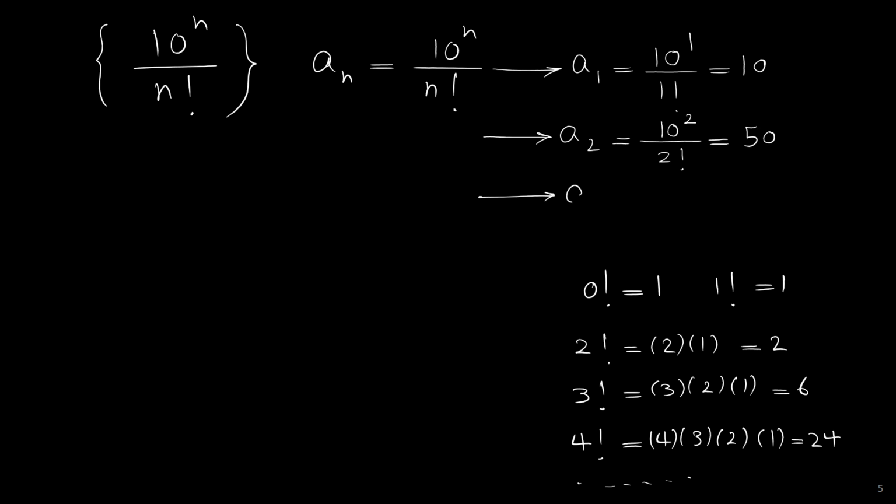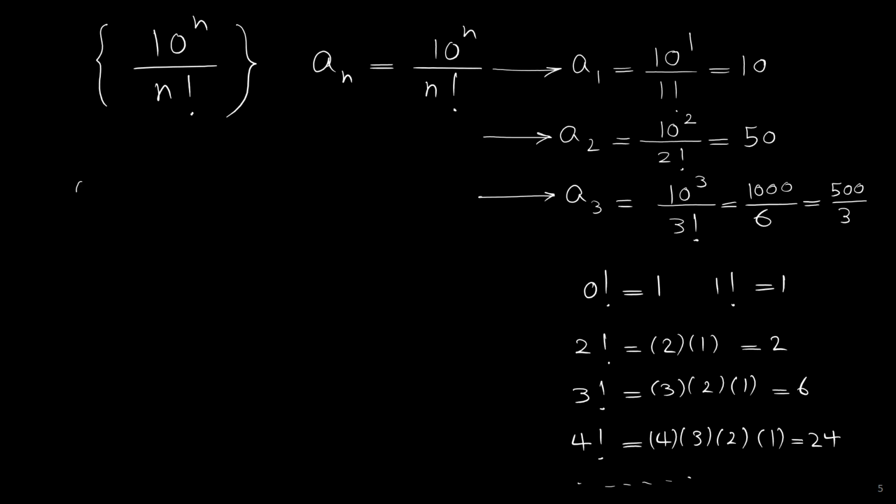The third element of this sequence is 10 to the power of 3 over 3 factorial. 10 to the 3 is 1000. 3 factorial is 6. If you simplify this fraction, you can write it as 500 over 3.